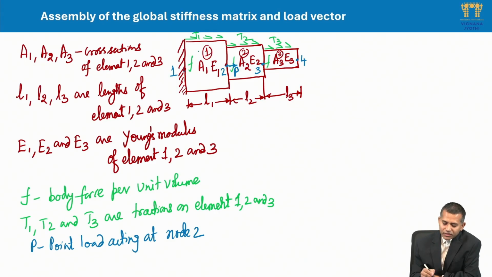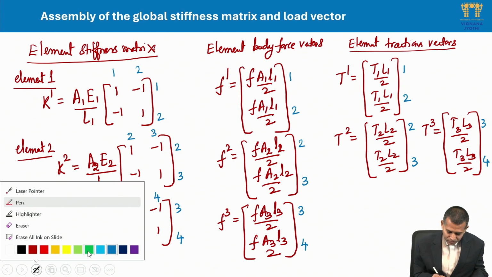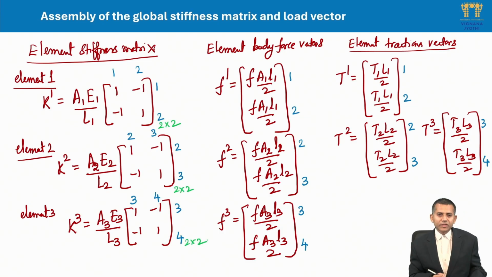For element 1 the total is only 2, so the stiffness matrix size is 2 by 2, and the same is the case for element 2 and element 3 as well.